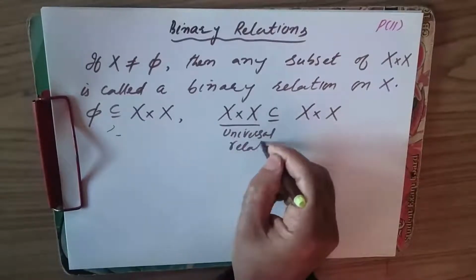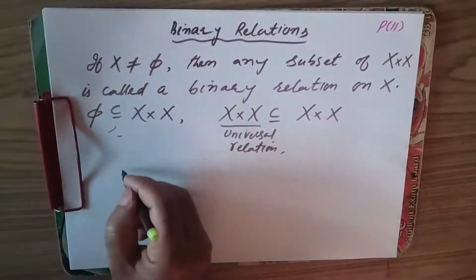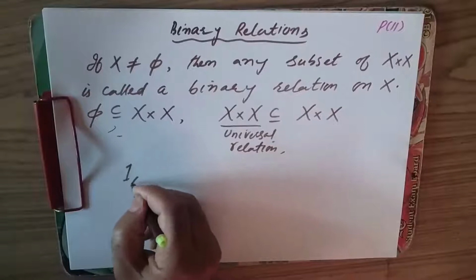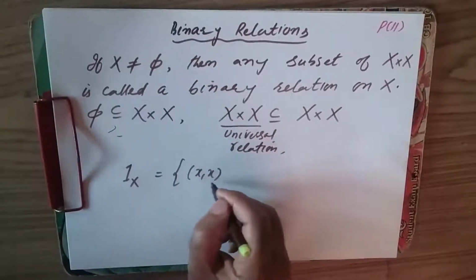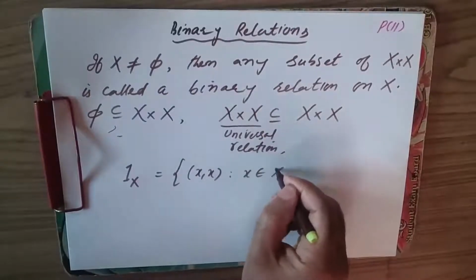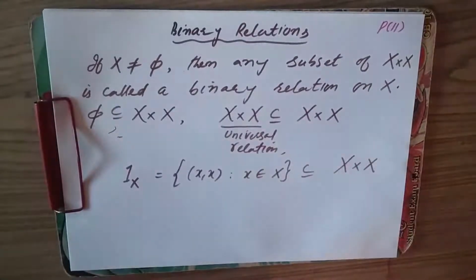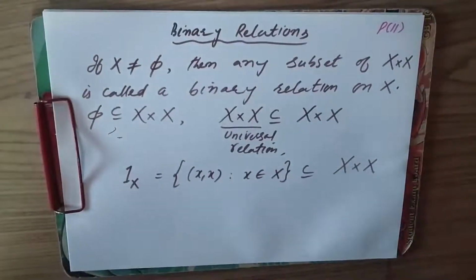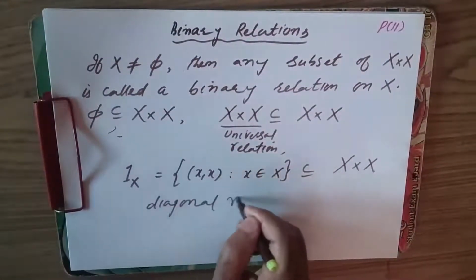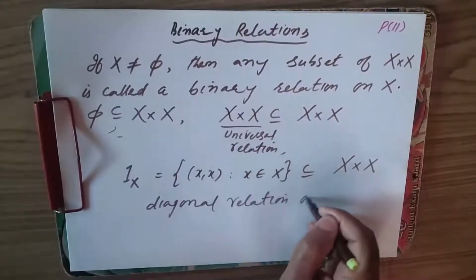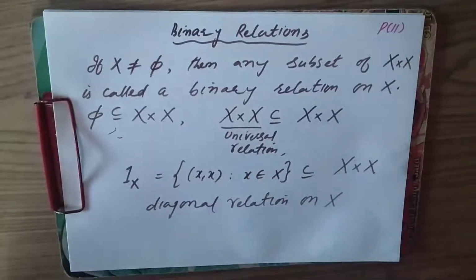And one more relation, which we denote by 1_X, is the set of pairs (x, x) with both coordinates the same, x belonging to X. It's also a subset of X cross X, so it's also a relation on X. This relation is called the diagonal relation on X. So that's the universal relation, and that's the diagonal relation on X.